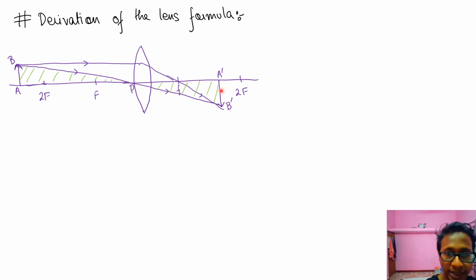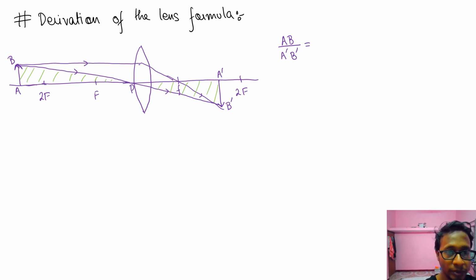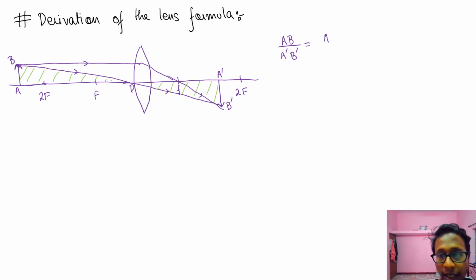This side by this side is equal to this side by this side, because these two triangles are similar. This is our equation number 1.